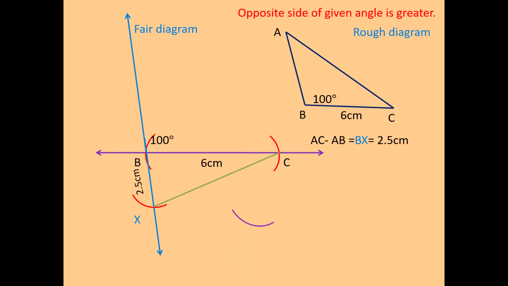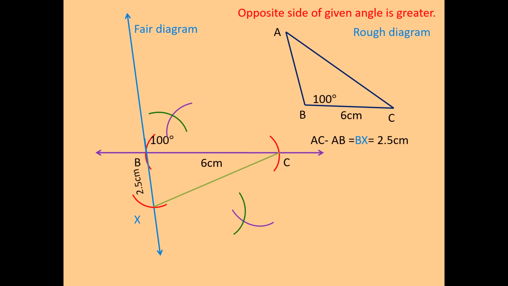For that, from point C I will take more than half the length of segment XC, and from C I will cut an arc on both sides of segment XC. With the same radius I will place the compass nail at X and again draw arcs on both sides, intersecting the previous arcs.